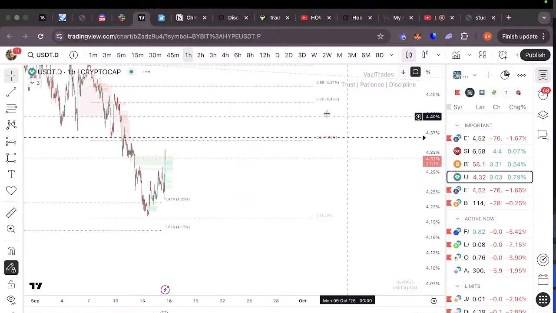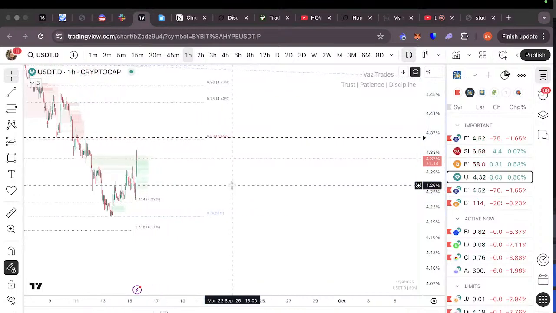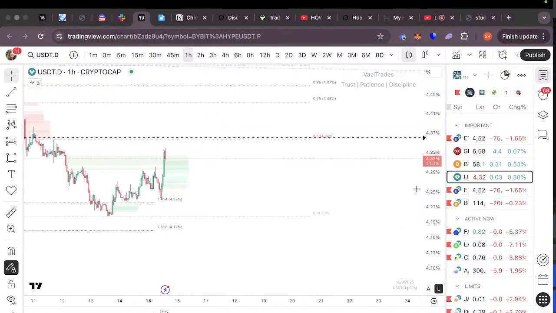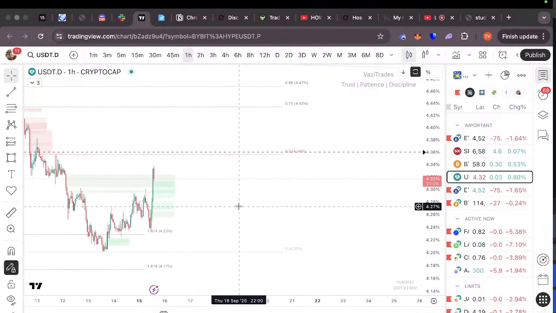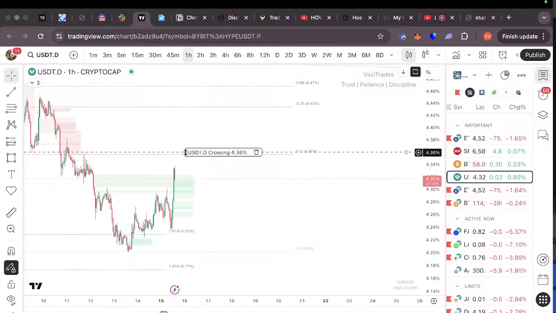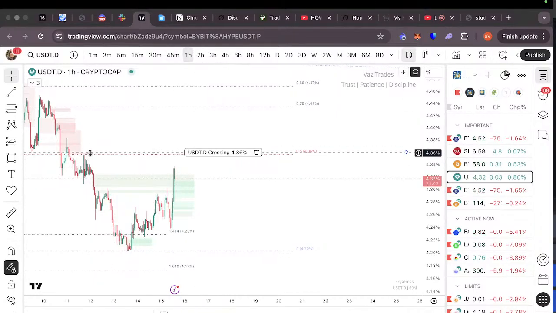What do we see here? Let me just zoom in. So here we see that the price already on 1 hour is rejecting, didn't even touch the 0.5 Fibonacci level.